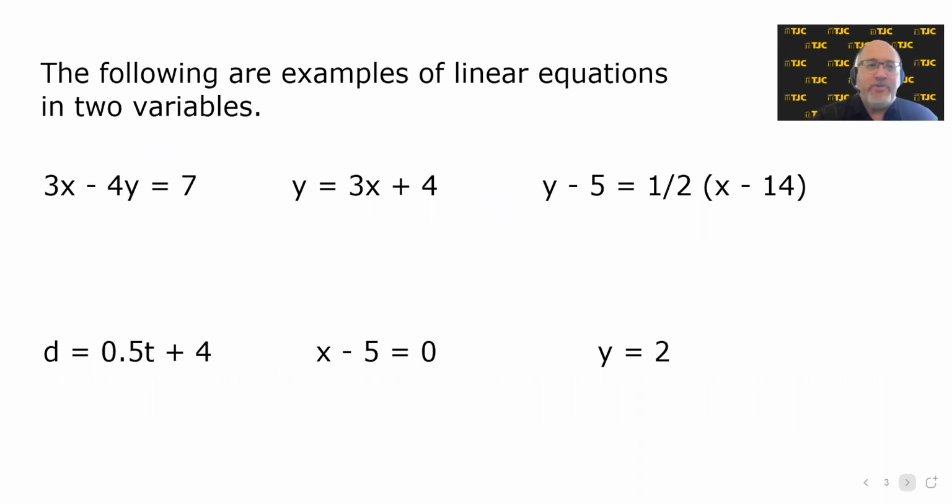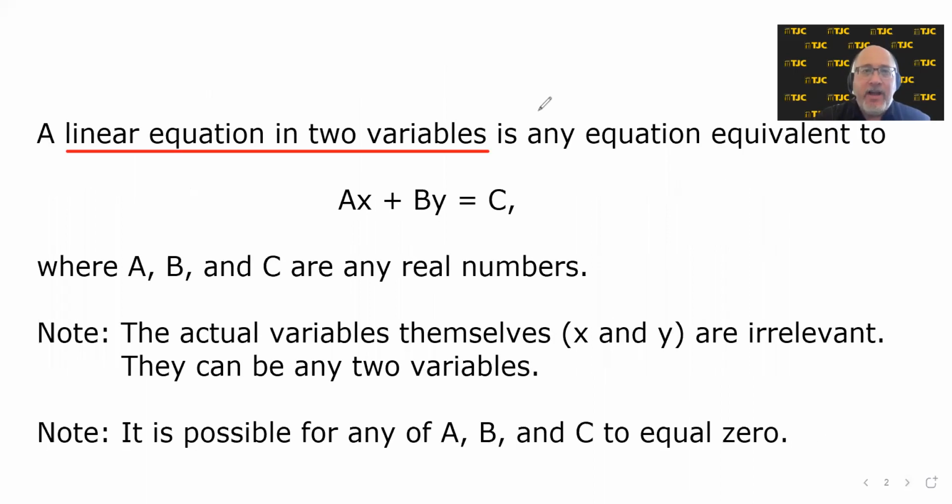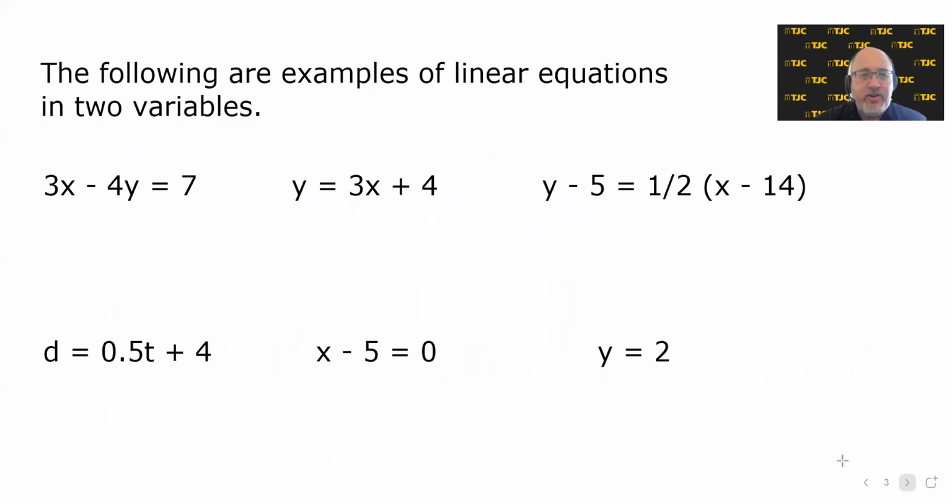The following are examples of linear equations in two variables, and I've got 6 equations here, only one of which is straight out of the right form, if you will. Remember, when I say the right form, I mean ax plus by is equal to c, or whatever the variables are. And the only one that looks like that on this page is the first one.